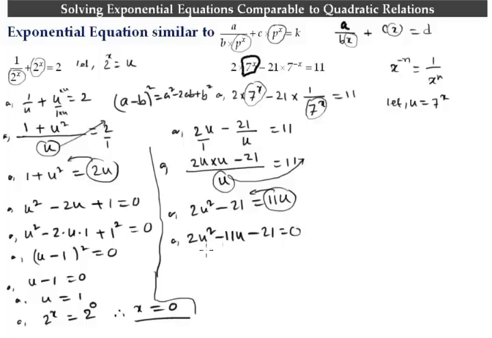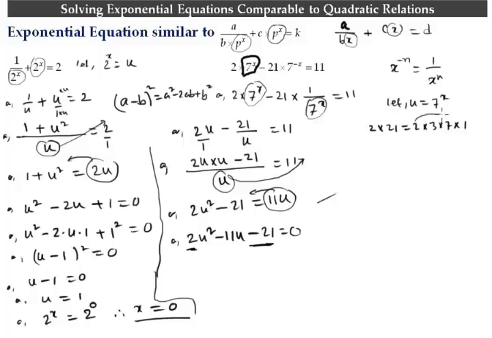So now this is a quadratic trinomial. Now we need to factorize it. To factorize, we will take the u square coefficient and the constant term and multiply them. 2 times 21 is 2 times 3 times 7 times 1. Since this constant term is negative, we need to subdivide these numbers into two parts so that we can get 11. Now 11 is an odd number, so we can't take this 3 with 2.